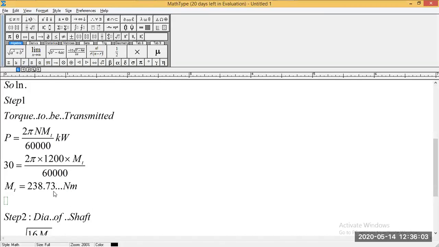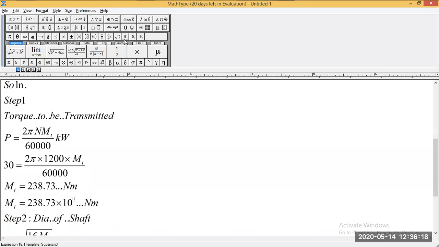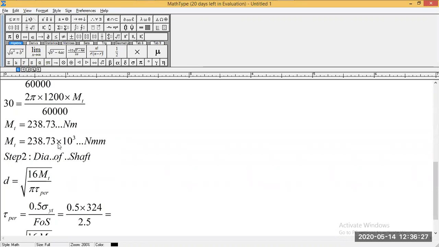So we need to convert this to mm. We'll put it in mm, so this will be nothing but 238.73 into 10 raised to 3, in Newton mm. Right, so this is the value of torque. Let's put it all in mm.